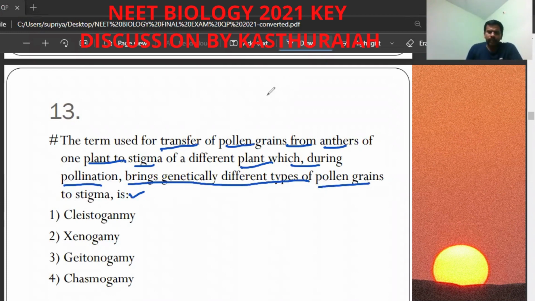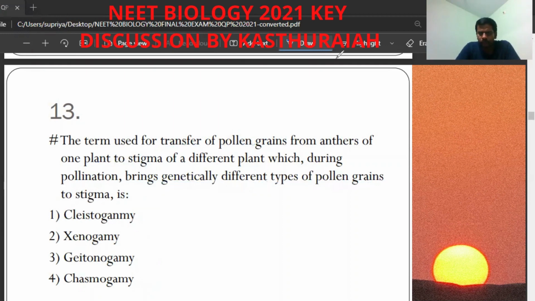See students, options given: cleistogamy, xenogamy, geitonogamy, chasmogamy. Right? Before we find the correct option, we'll see the different types of pollinations.